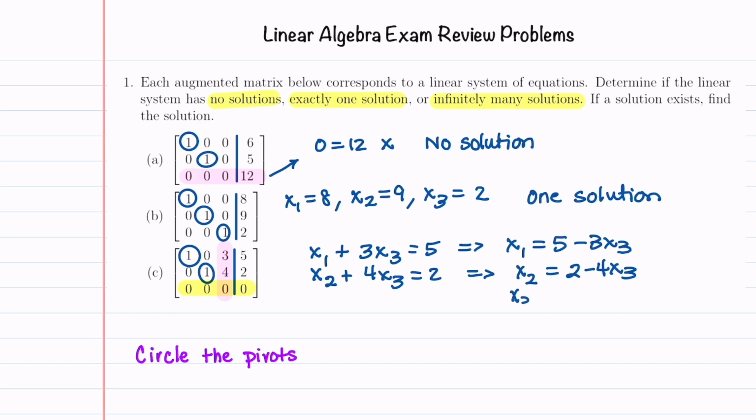And we also know that x3 is our free variable because it corresponds to our column without a pivot. Because x3 can range between minus infinity and infinity, we're going to have infinitely many solutions for our matrix in part C. So let's just write down infinitely many solutions.